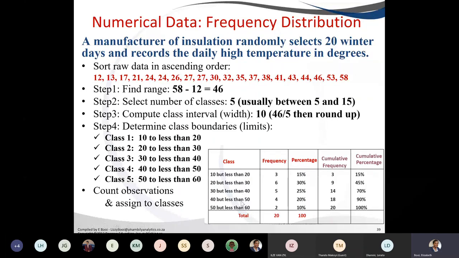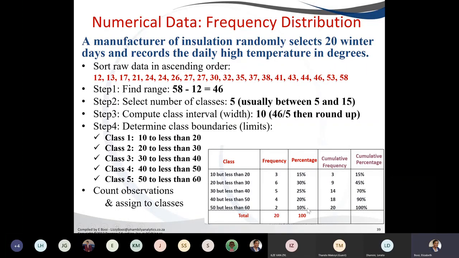Those that are less than 50, you do the same. And when you get to the last boundary or the last class, the value you get from there should be the same as the total frequency. So it should be 20, because it's the sum of all of them. The cumulative frequency as well.